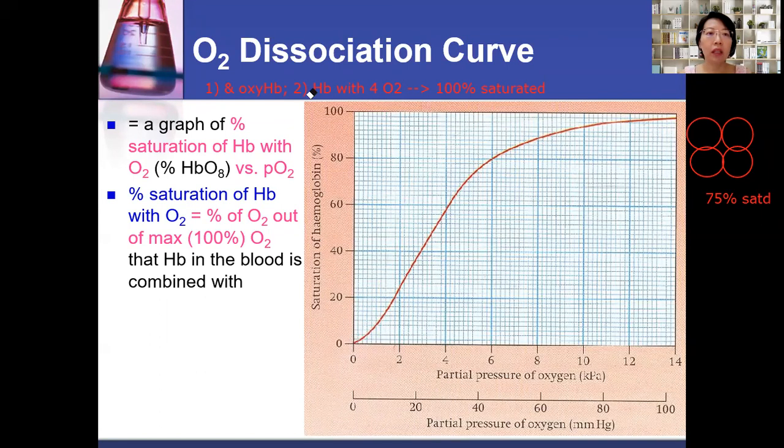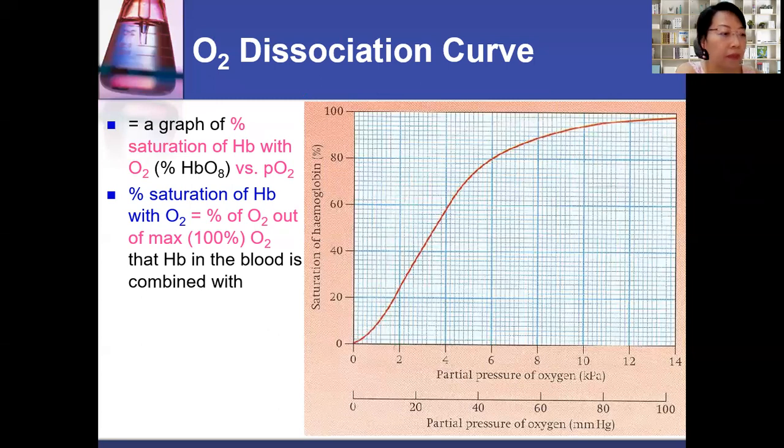So number 1 and number 2 are just to help you understand better, but the best one is still the definition: the percentage of oxygen out of the maximum oxygen that the hemoglobin in the blood can combine with. This is more accurate. I don't want to go into detail because there are more important things I need to elaborate, so we'll leave it as it is.